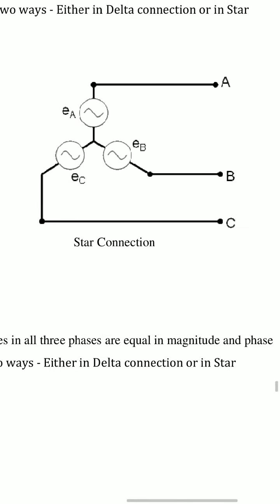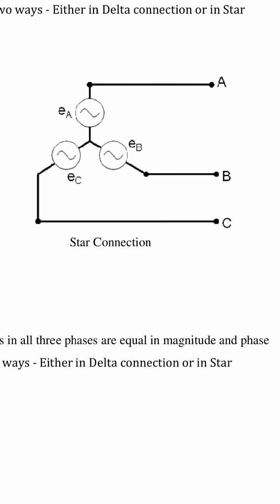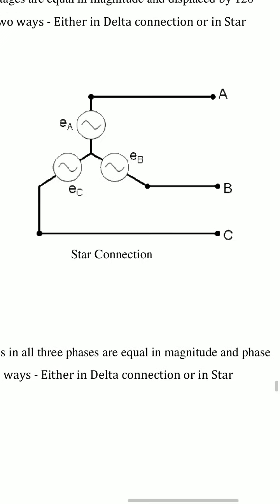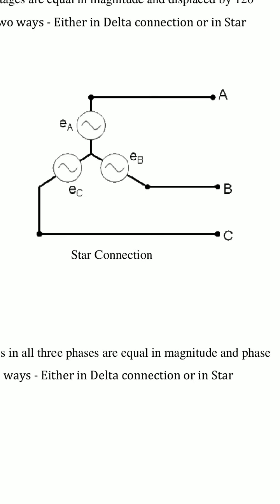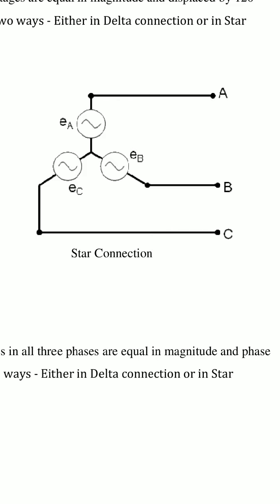Here EA, EB, EC are connected at a common point, so that is star or delta, that is called a neutral point. The terminals are A, B, C.